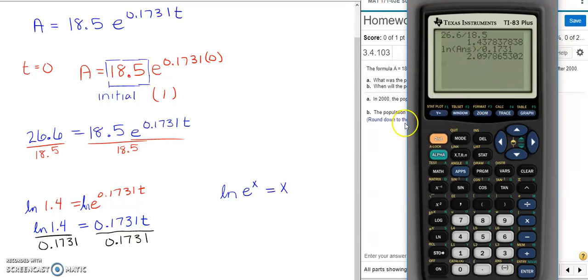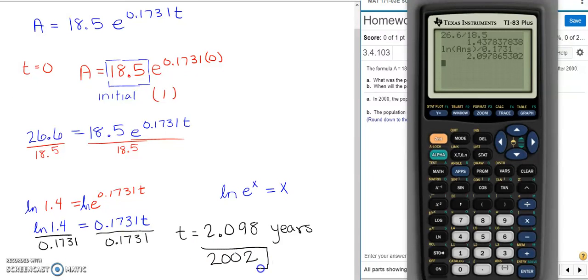So that tells me it is t equals 2.098 years, but they want us to round to the nearest year, so that would be 2 years after the year 2000.